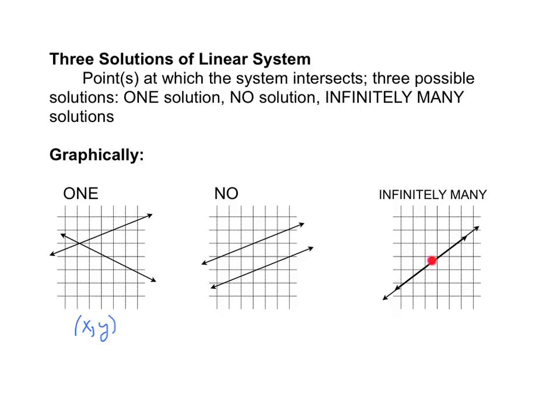Here, notice your b and your slope would be actually identical. For parallel lines, just your slope would be the same. They would have two different b values on the y-axis. So if everything's the same in the equation, that would be infinitely many solutions because of all the points being in common.